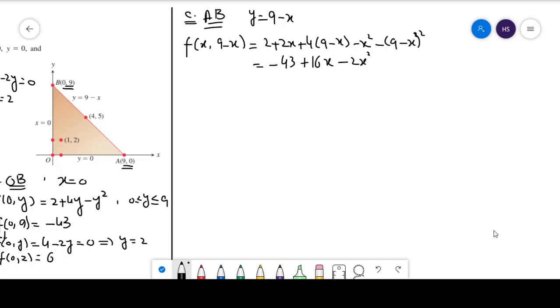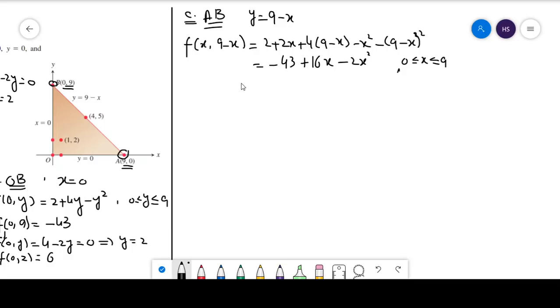For this function again, our boundary is 9 to 0. If you put 9, you will get y equal to 0, so you will be at this point. And if you take x equal to 0, you will get y equal to 9, so you will be here.